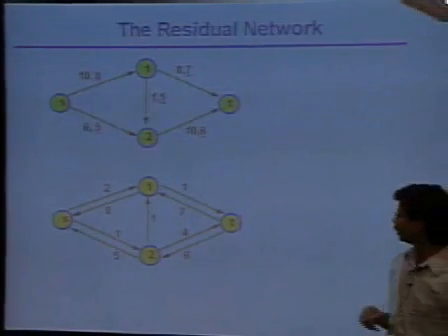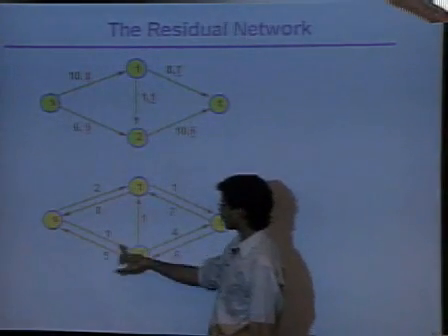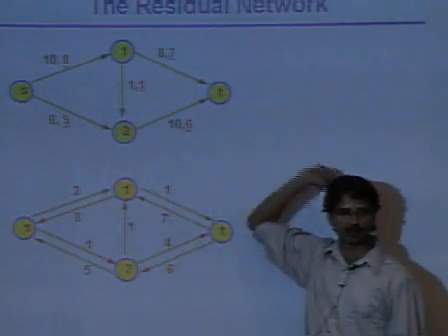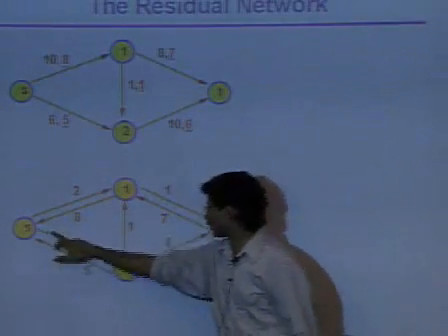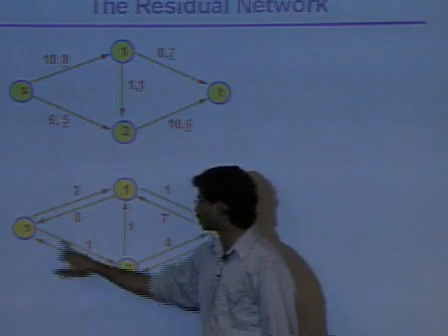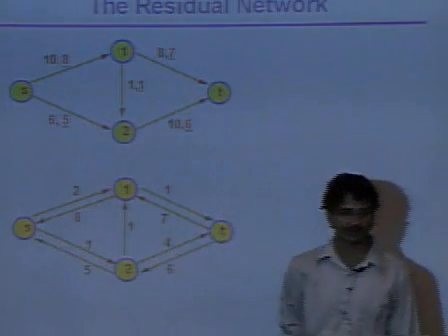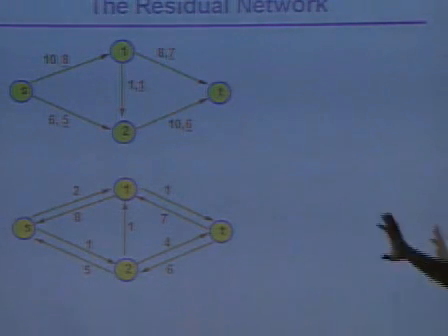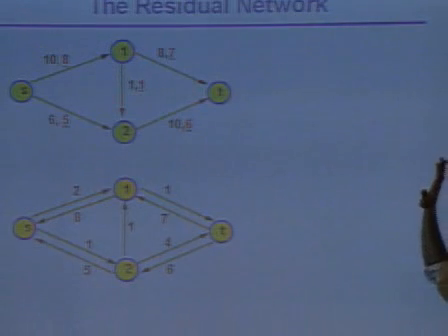So this just represents all the opportunities you have of modifying the existing flow. That's why the forward arc has a capacity of 1, and the backward arc, which goes from 2 to S, has a capacity of 5. And the same for every other arc in the network.